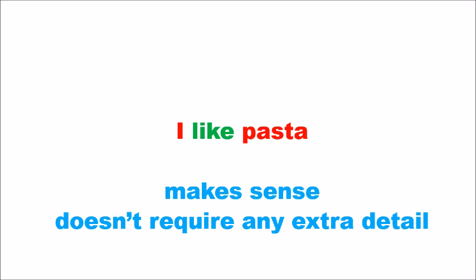In the sentence before, one of the pieces of information that we were looking to link together was the piece of information, I like pasta. Now, if I look at this piece on its own, it makes very clear sense. And were I to highlight half of the sentence and delete it as I've done, there would still be meaning in what remains. This clause makes sense on its own without needing any additional extra detail.